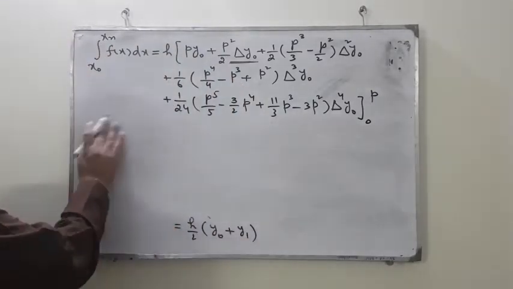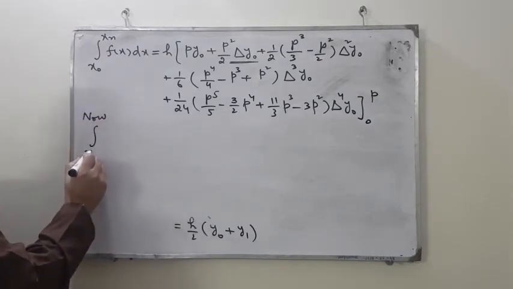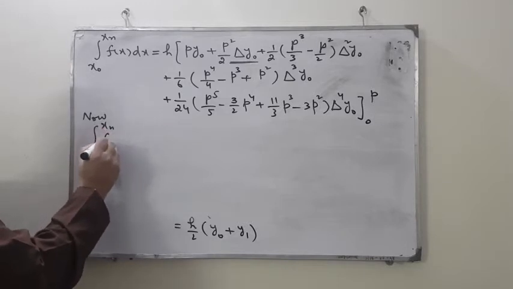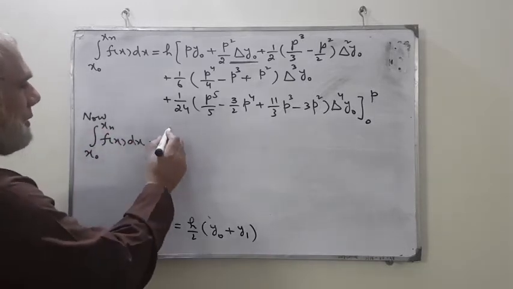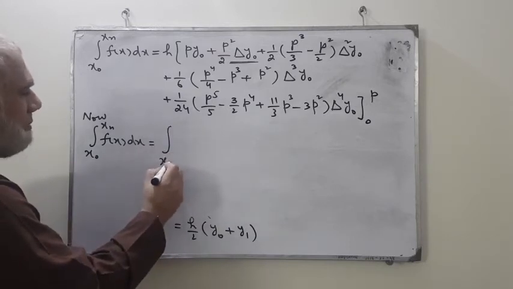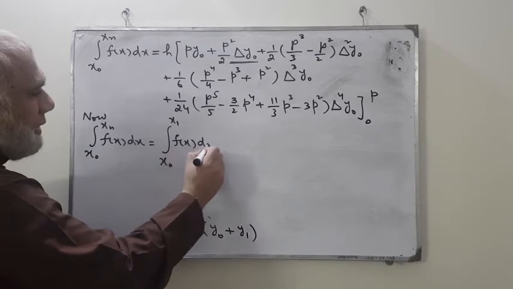Now for the whole domain of the integral from x0 to xn, for the function f(x) dx, we can split the integral into the sub-intervals: x0 to x1 f(x) dx.